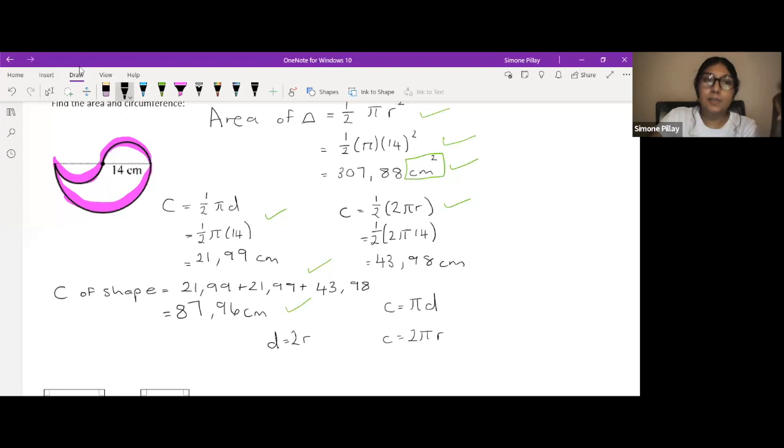But in my big semicircle, 14 was my radius. So what I could have done is used pi d, but first I would have to work out my diameter, 14 times 2, which is 28. And then I would have said pi times 28. Yes, Wanga, your equation there is correct as well. That's manipulation of our formula, 100%. So that's how I got that. It's the same thing. I just used the formulas that suited me at the time. Okay, I hope that makes sense.